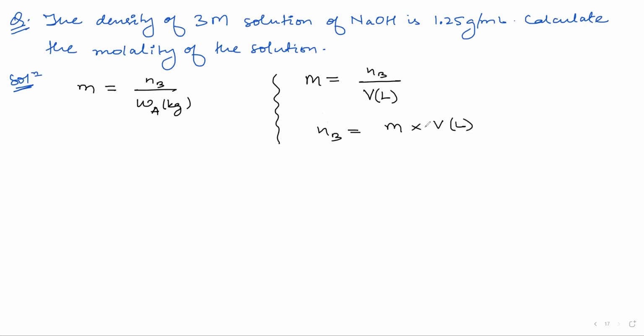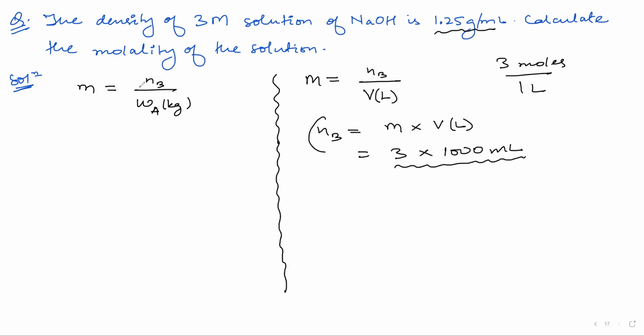Now if this is a 3 molar solution, it means that 3 moles in 1 liter, correct? So number of moles is 3 into volume. Instead of writing liters, I will write 1000 ml, because the density is given in ml. You will understand later. This is 3 into 1000 ml. We are done with the moles of solute.